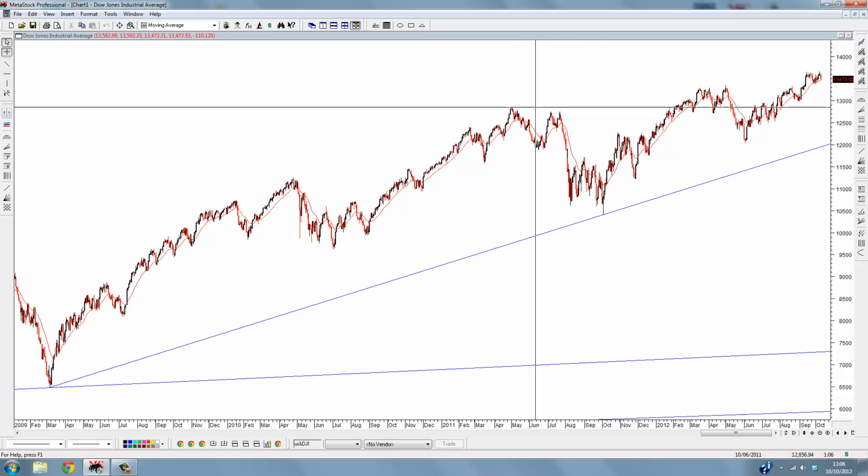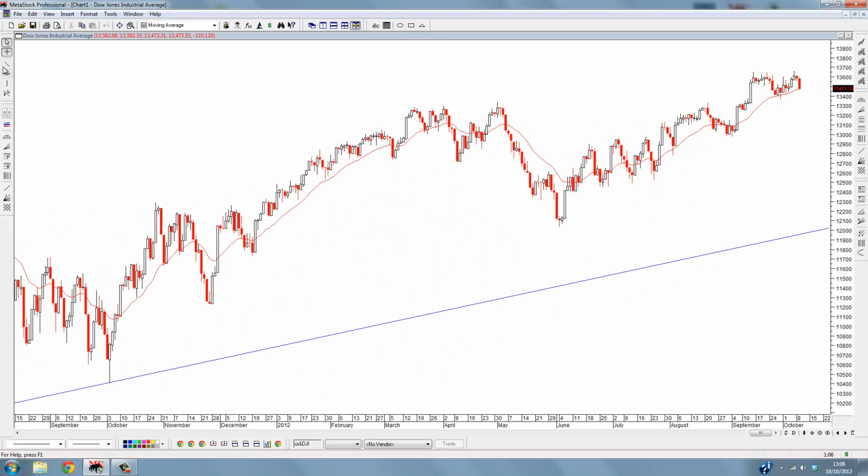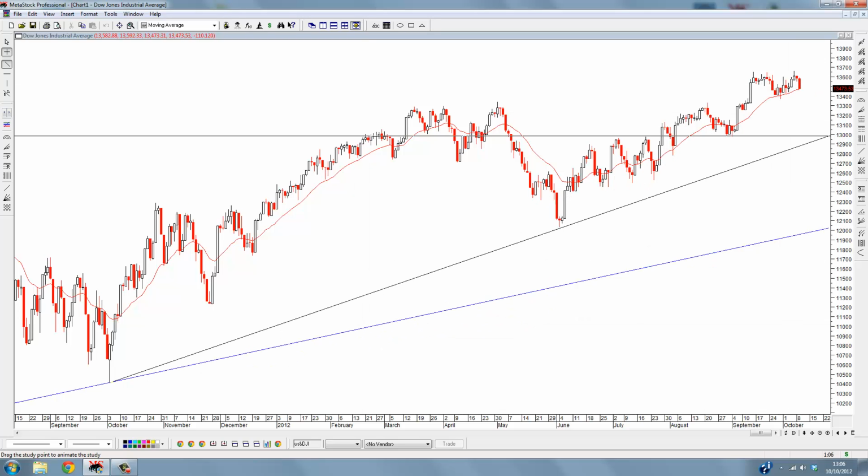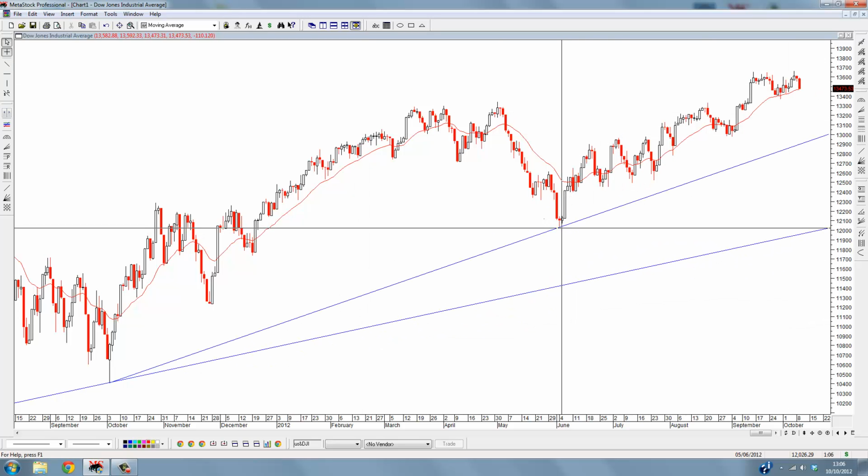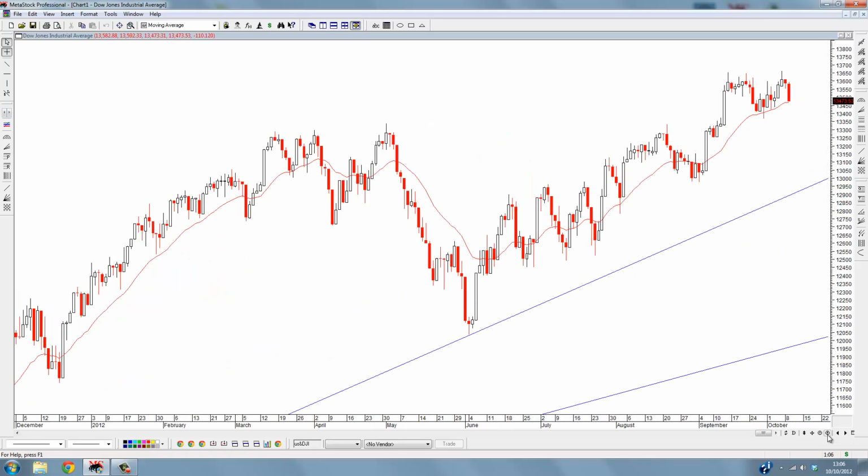So anyway, I'll need to draw more trend lines to get a bit more accurate, so I'll zoom in a bit more. So I'll draw it from this point here, take the streams again, that point there. So now it's looking like a proper trend line that you can probably trade off.